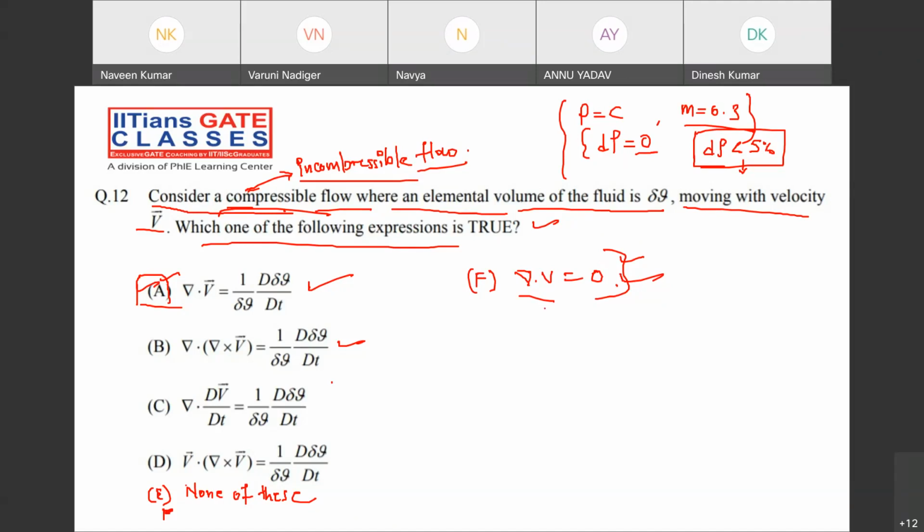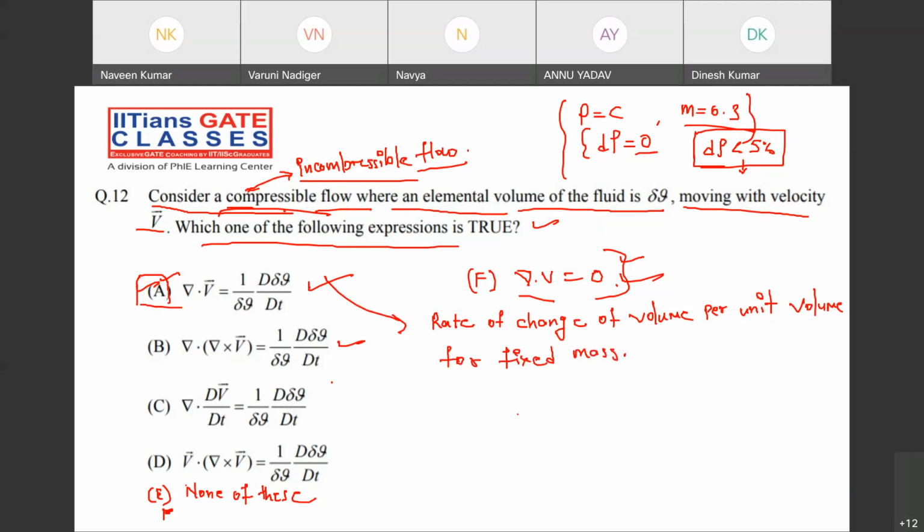Whatever I taught you from here, this is the rate of change of volume per unit volume, for a fixed mass. Now tell me, if density is constant, then volume is also going to be constant.